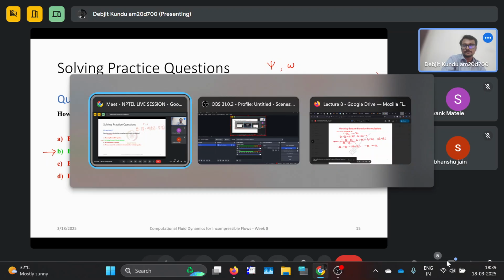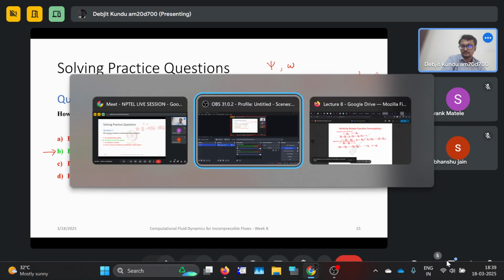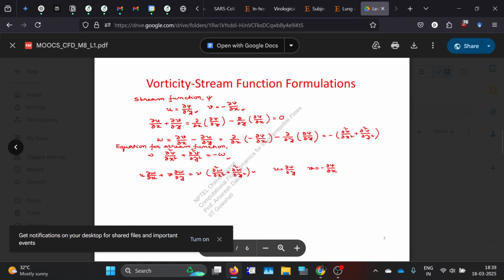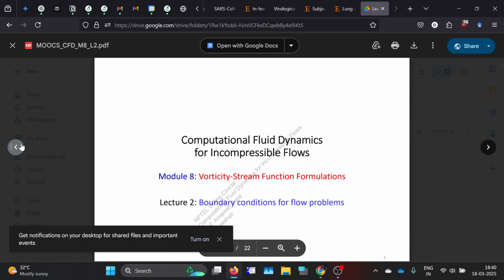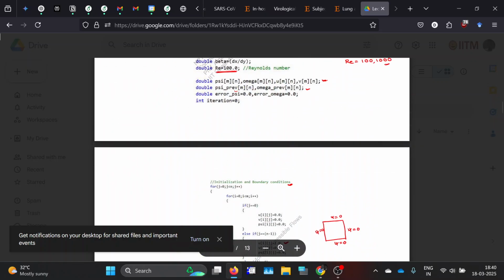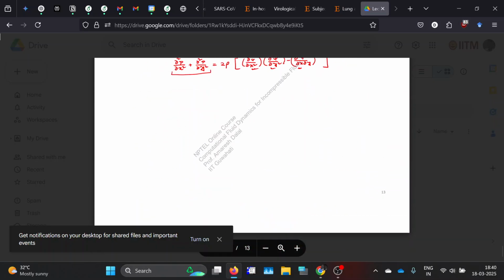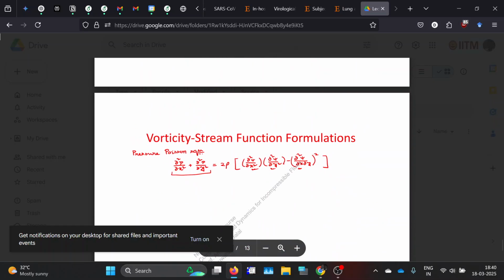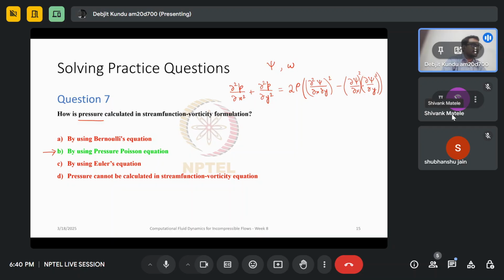I think it should be square individually. Check that once. It was in lecture 3, probably. Ah, it's the other way around. So negative of this.